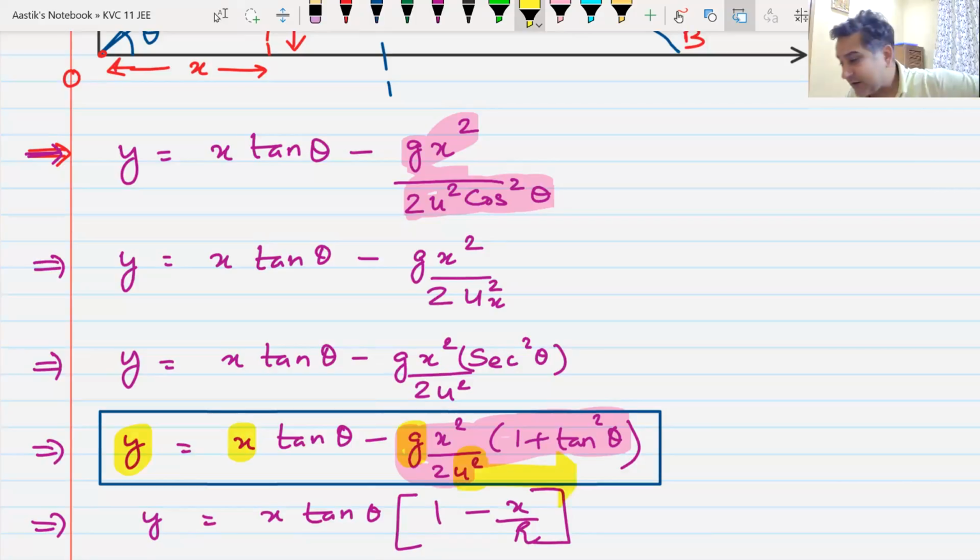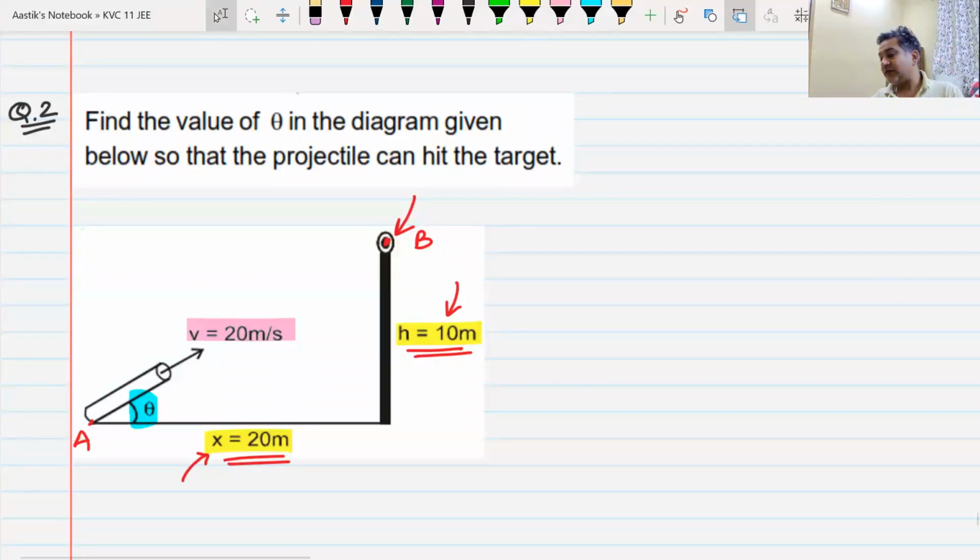As soon as you get the value of tan theta, you will get the value of theta. And that is the hint, because after this, it is purely a question of maths and not at all a question of physics. Remember, physics only gives us the equations. They have to be solved using simple maths.